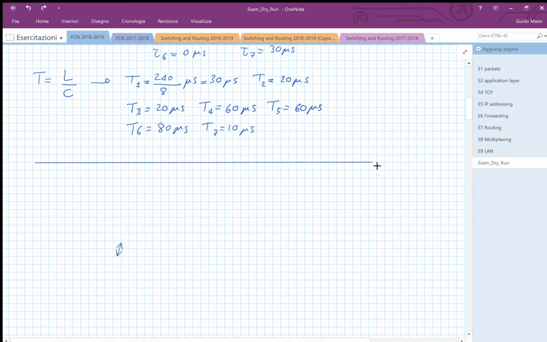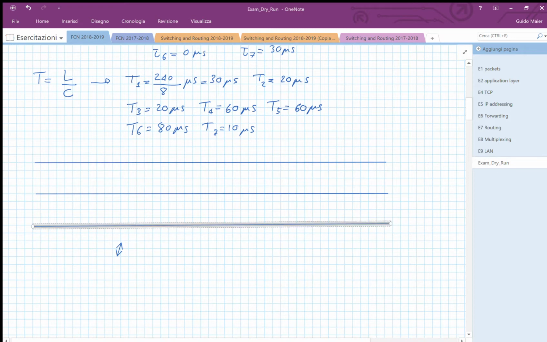So this is a first axis, then we can write the second one here, third one here.